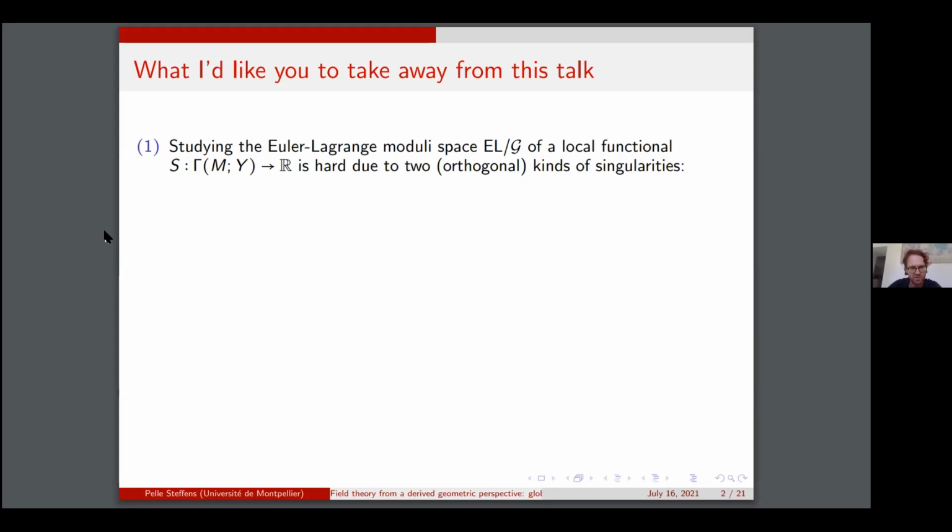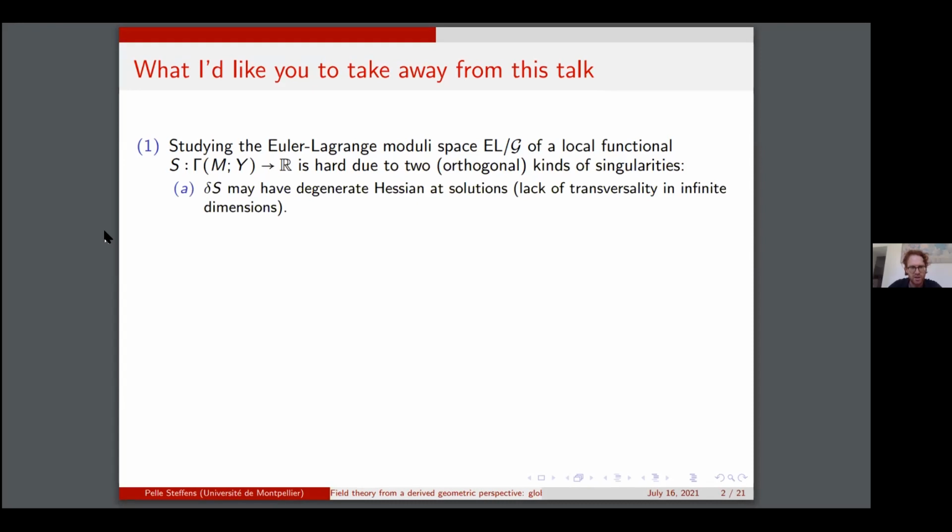What could happen is that our action functional, defined as a local functional on a space of sections of some fibration, has functional derivatives that might not be transverse to the zero section. We can view the variation of S as a section of some infinite dimensional cotangent space. And if the Hessian has degenerate points, then we will generally not have a smooth moduli space.